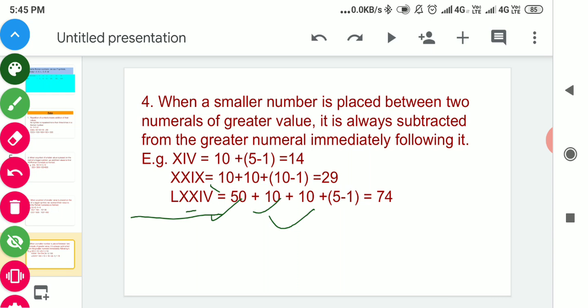So according to this rule number 4, I is placed between X and V. So we will subtract the smaller number from the greater numeral immediately following it. So we will subtract 1, I, from this 5 which is immediately following. So the answer will be 50 plus 10, 60, plus 10, 70, plus 5 minus 1, that is equal to 74. I hope you understood this rule number 4.